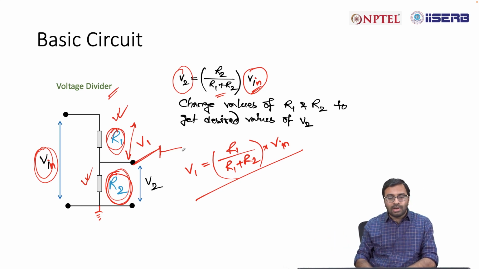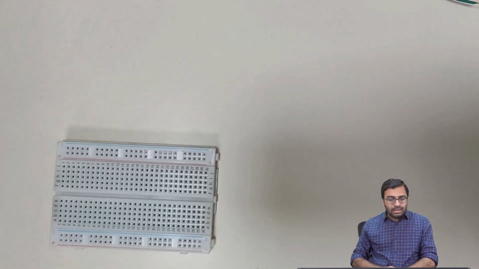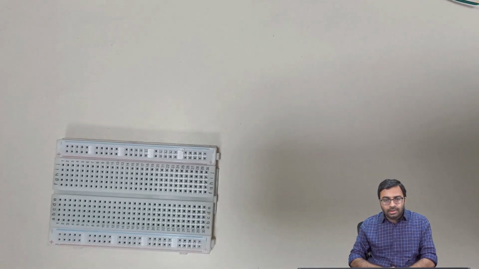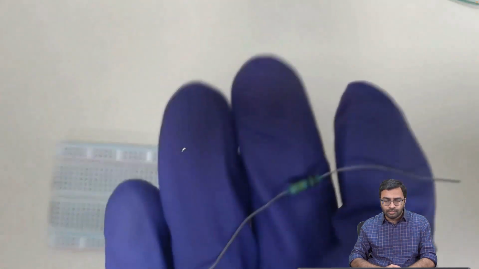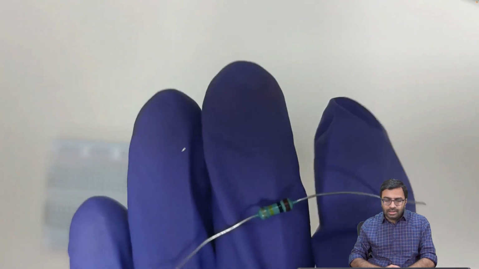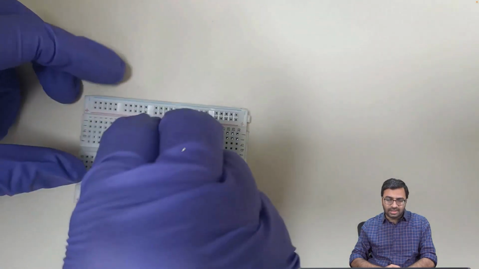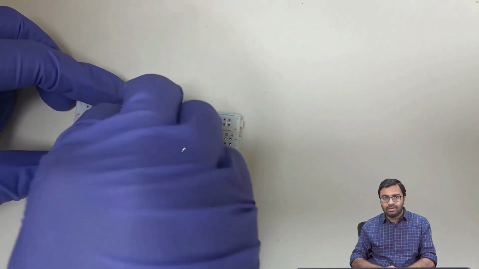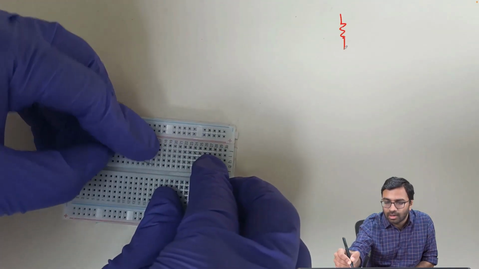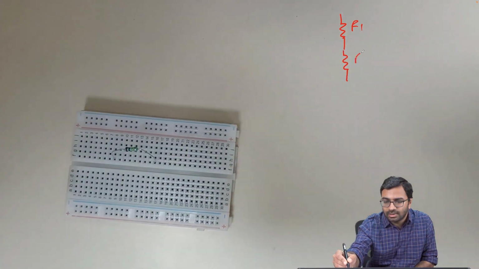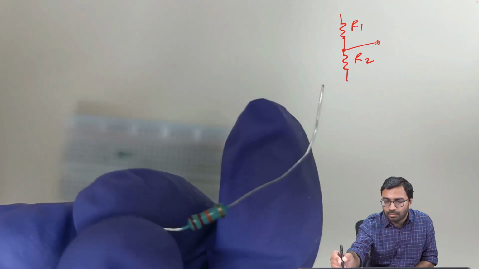So to give you an idea, a simple experiment is shown here. So this is your breadboard, and say you are connecting resistors in the breadboard in series, the way it is connected in the voltage divider circuit. So the circuit is something like you have one resistor R1 and another one in series, say R2, and then you'll take output from here.